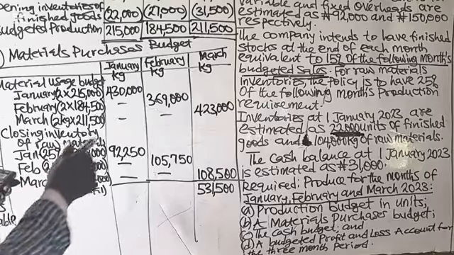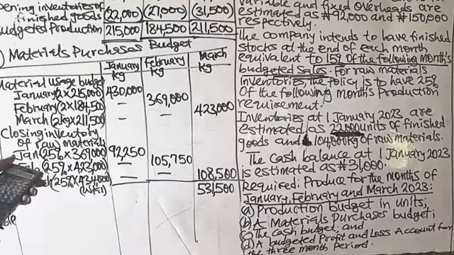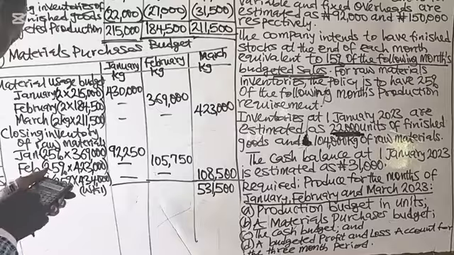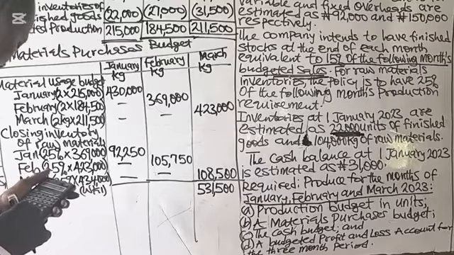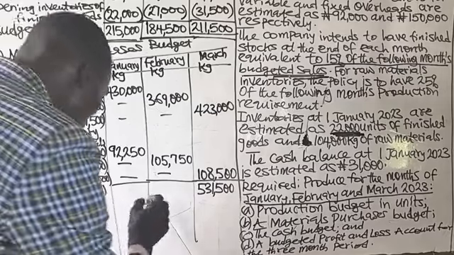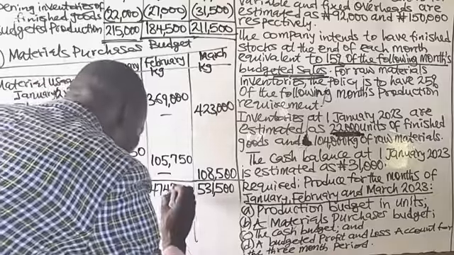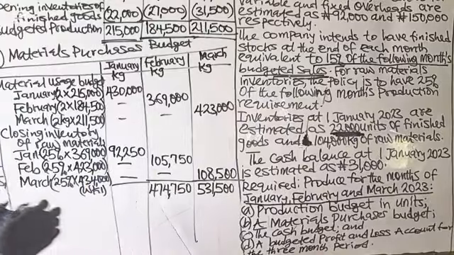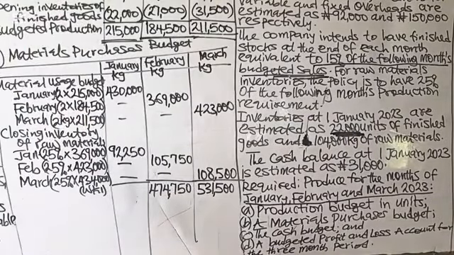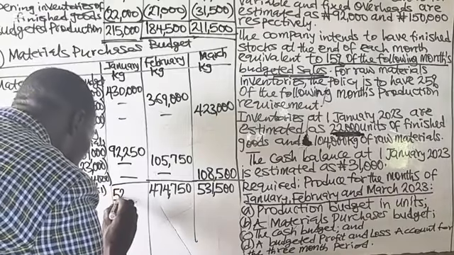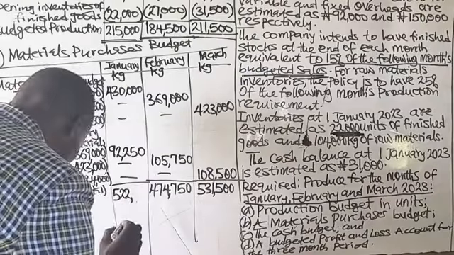Then for the month of February, 369,000 plus 105,750 gives us 474,750. Then for the month of January, we have 430,000 plus 92,250, which gives us 522,250.